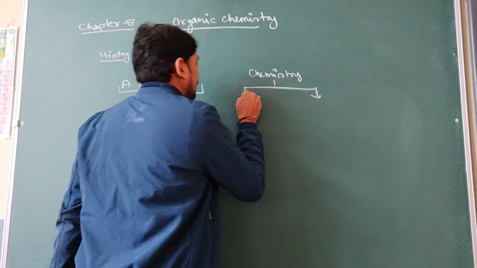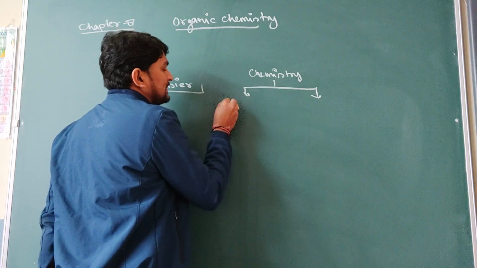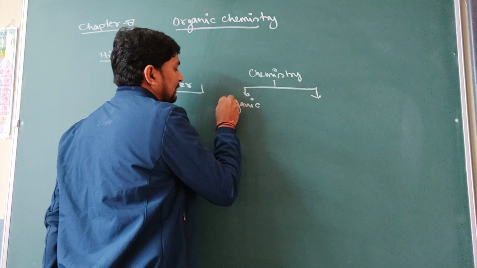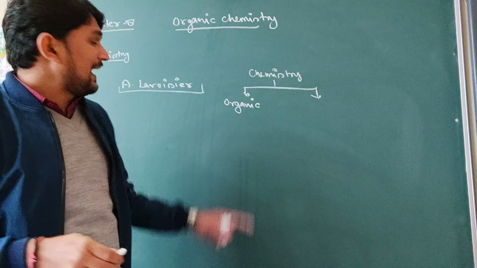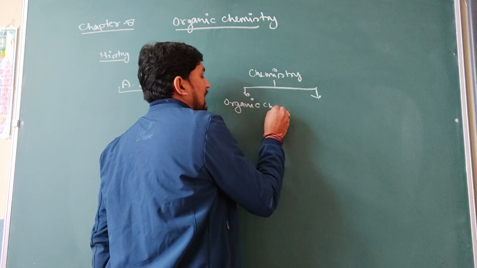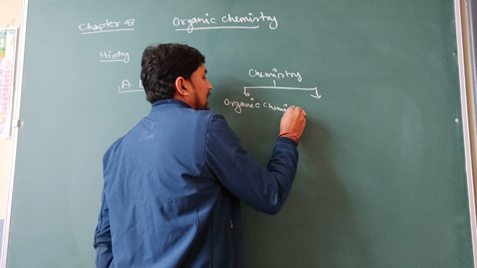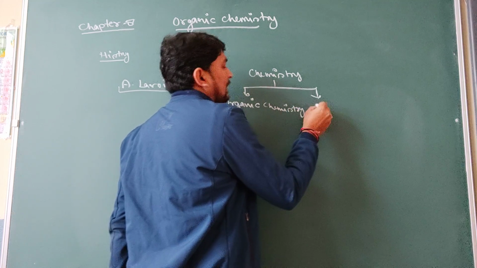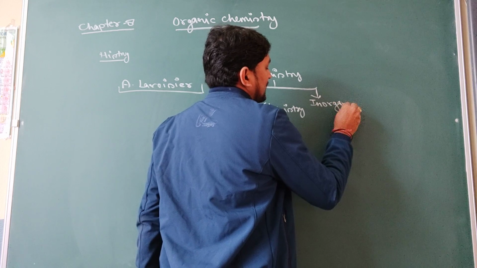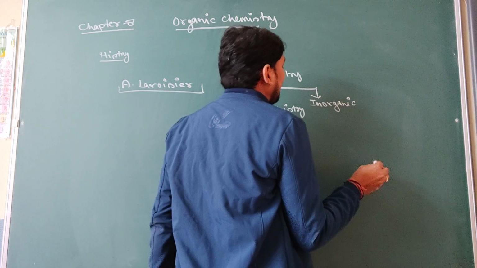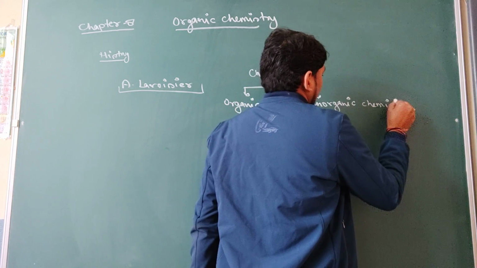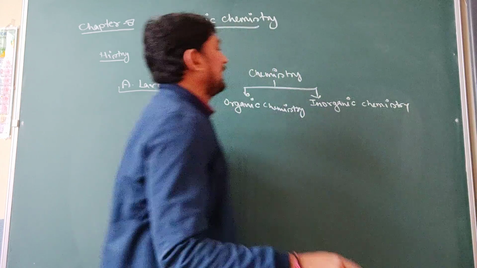First, he said all the compounds which are obtained from living organisms are called organic compounds, and the related chemistry is called organic chemistry. While all other compounds which are obtained from the earth's crust and the atmosphere are called inorganic compounds, and the related chemistry is called inorganic chemistry.